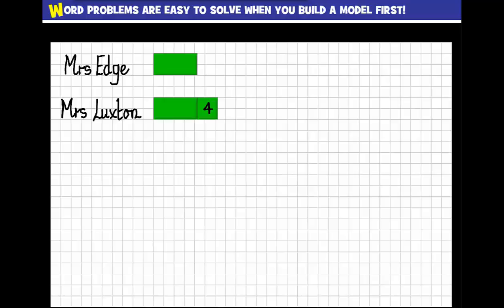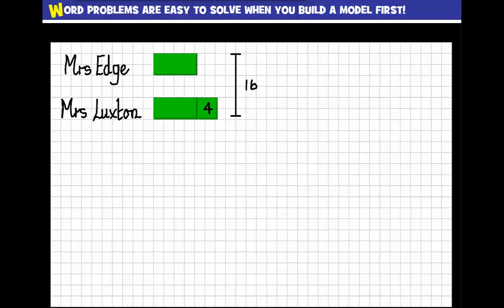Now together they have scored 16 goals. Now in the bar model, we like to have equal blocks.